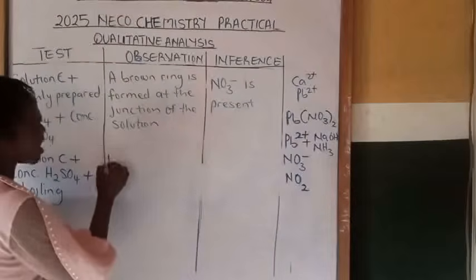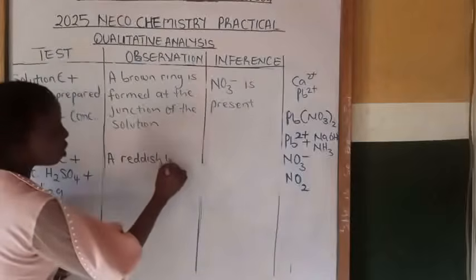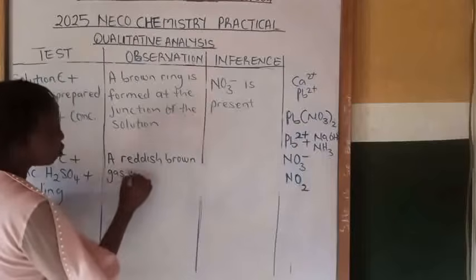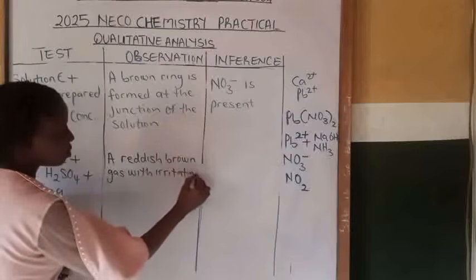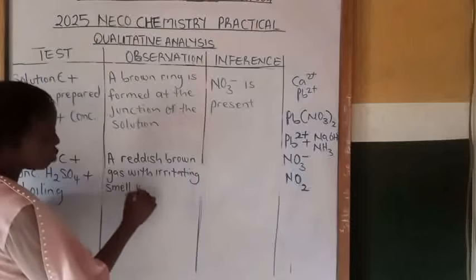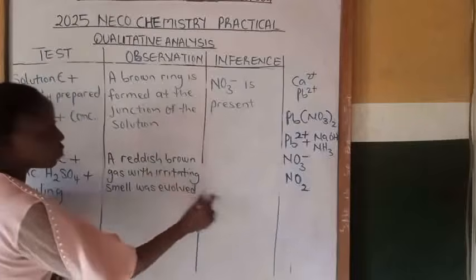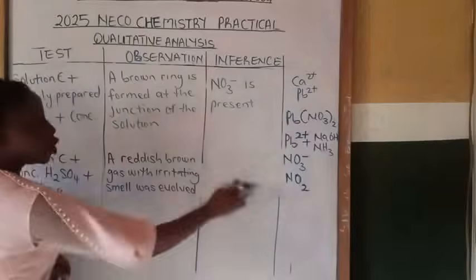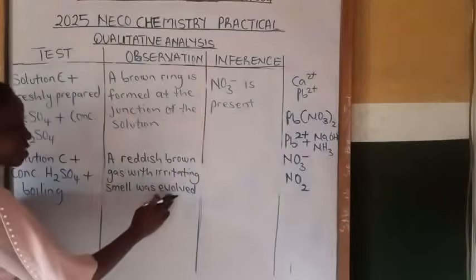A reddish brown gas with irritating smell was evolved. Don't forget that we are testing for NO2 gas. So NO2 gas is a reddish brown gas with irritating smell.